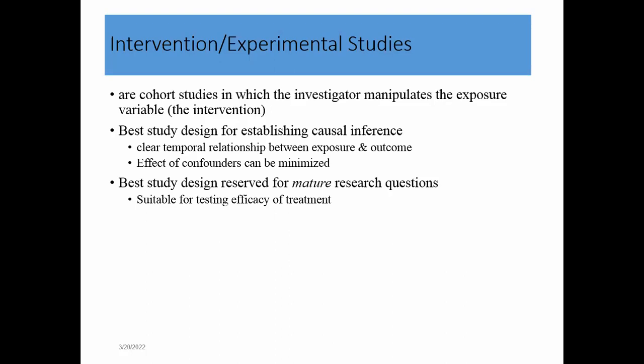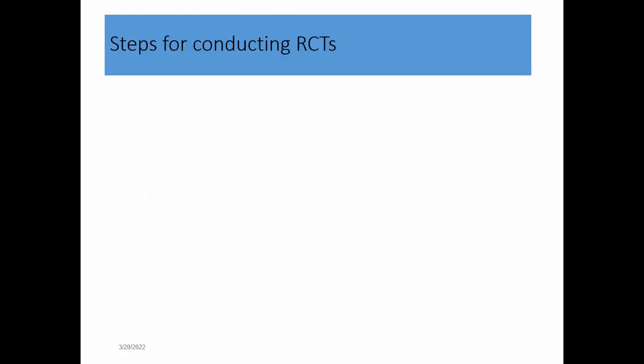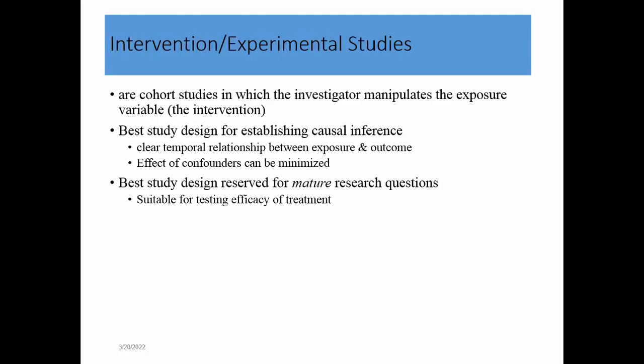That is, the risk of distorting or masking the effects of the study or disease under study is minimized. It is the best study design, reserved for mature research questions, that is suitable for testing efficacy of treatment that I've already explained. Next slide, please.